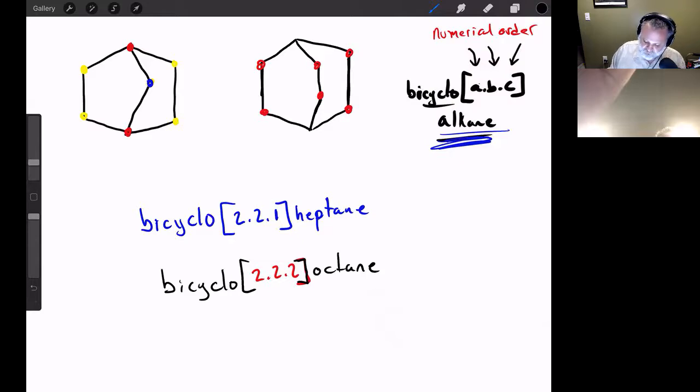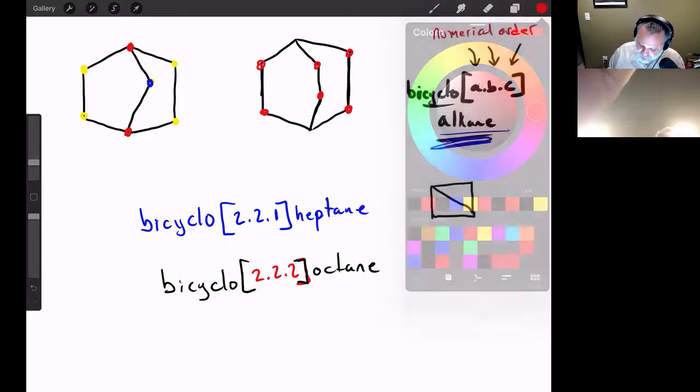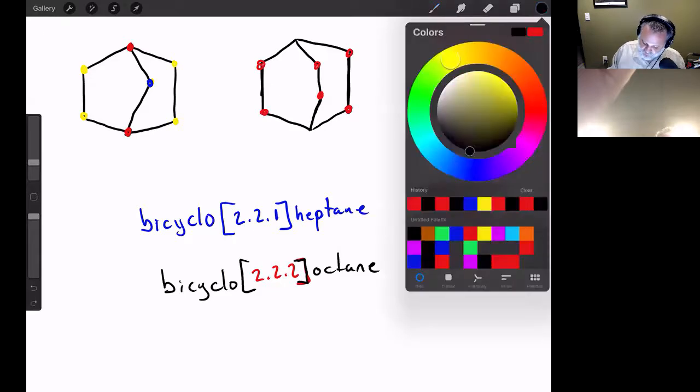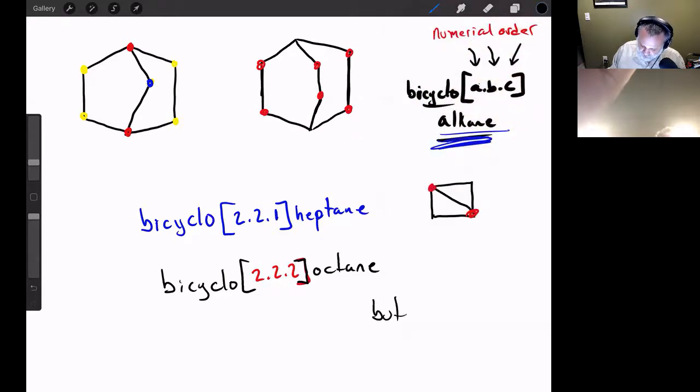Well, what about this? This is the last situation to think about. This is a bicyclic compound too. If we identify the bridgehead carbons, there they are. How many carbons are here total? The total is 4, so this would be bicyclo of some sort of butane.